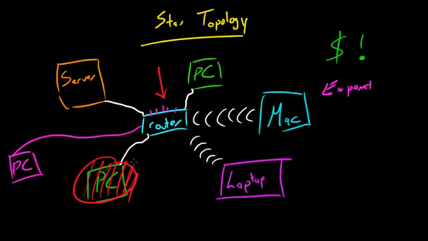So that means, unlike before with our ring topology, our double ring, whenever this router goes down, every single computer is no longer able to access the internet. So that's one negative part about this, that every node is dependent on one single central device. And if your router gets broken, well, then you're screwed. Your entire network goes down.